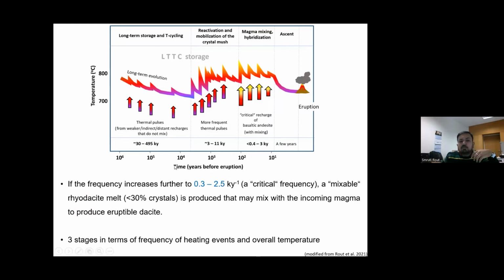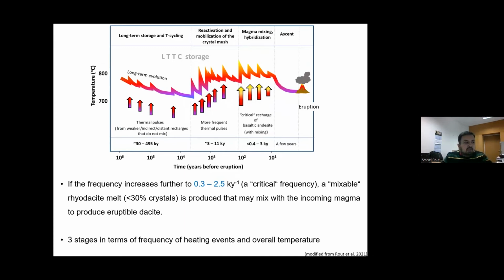And then if the frequency increases even further to, for example, between 0.3 to 2.5 per 1,000 years, which acts like a critical or threshold frequency, then mixable or melt-rich magma is produced, which has less than 30% of crystals, which then may go on to mix with the incoming magma, and then may get ultimately erupted.